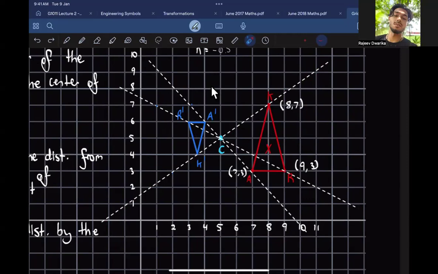Alicia, when you put on your center of enlargement and draw your real lines, send me a picture so I can let you know if you're correct.